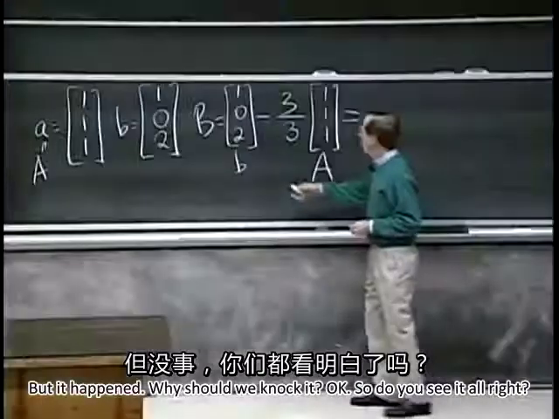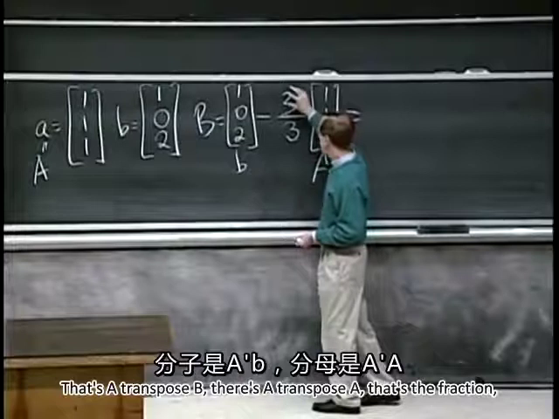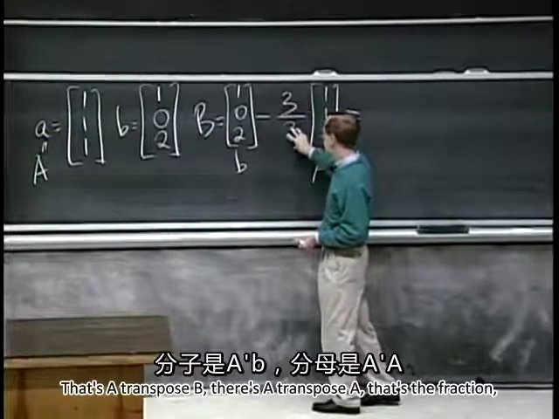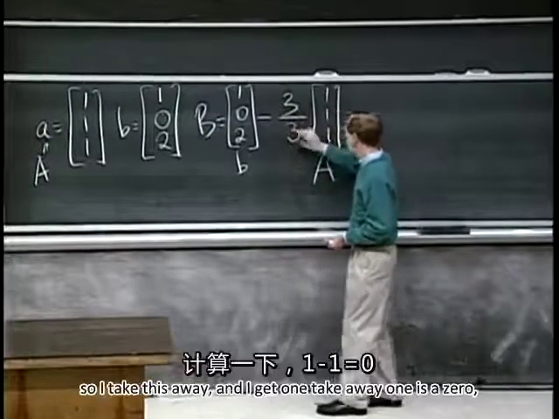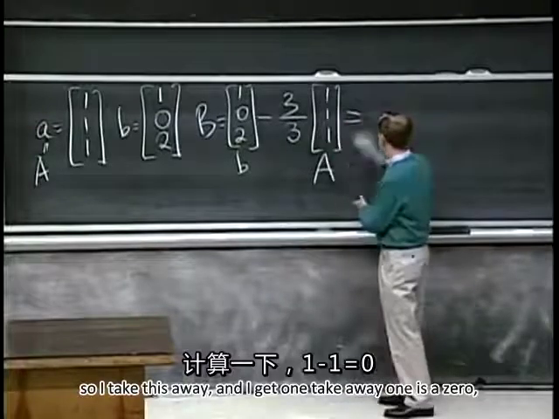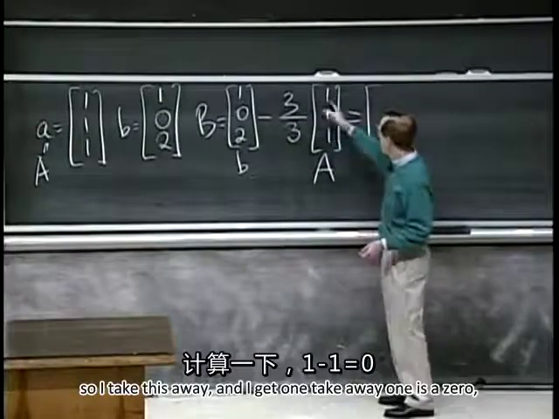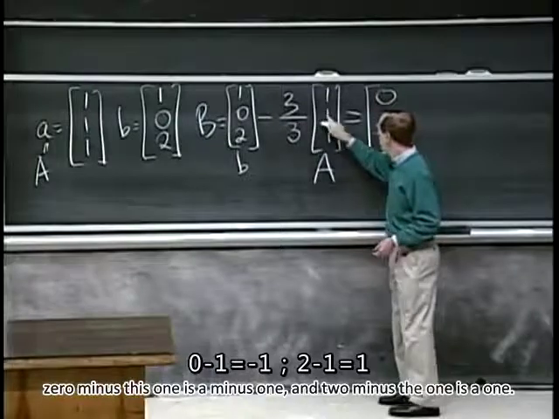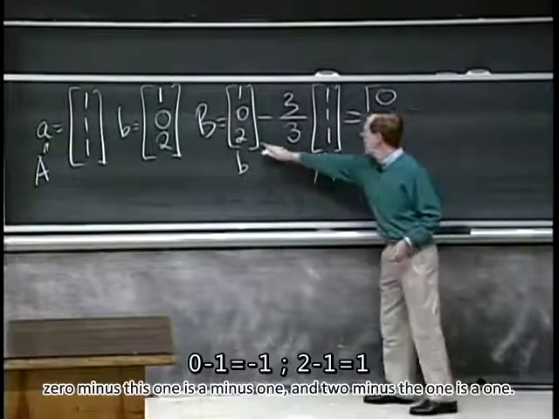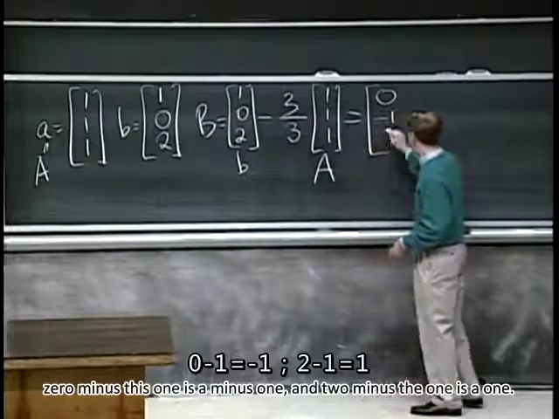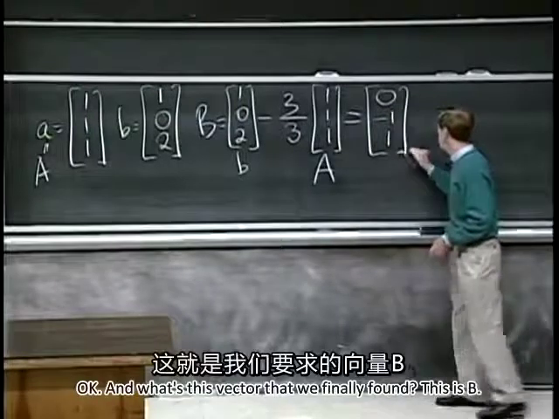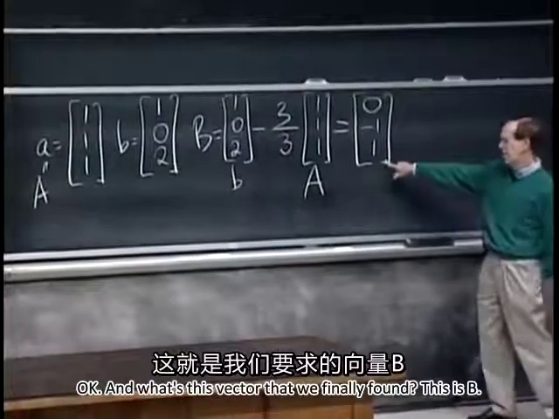Okay, so do you see it all right? That's A transpose B. There's A transpose A. That's the fraction. So I take this away, and I get 1, take away 1 is a 0. 0 minus this 1 is a minus 1. And 2 minus the 1 is a 1. Okay. And what's this vector that we finally found?